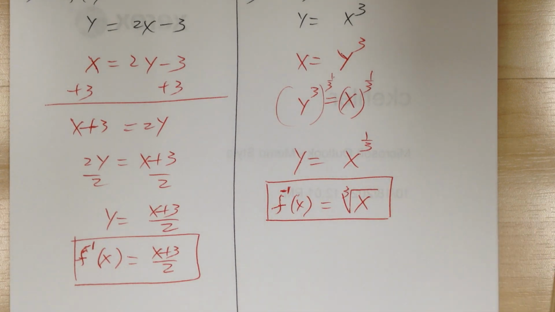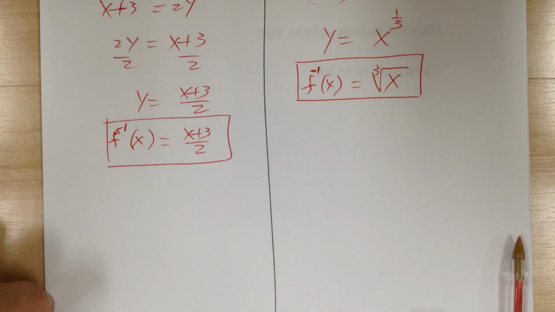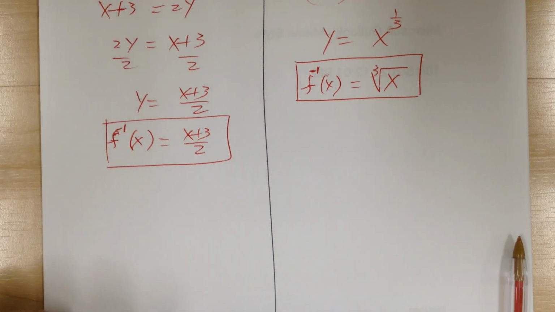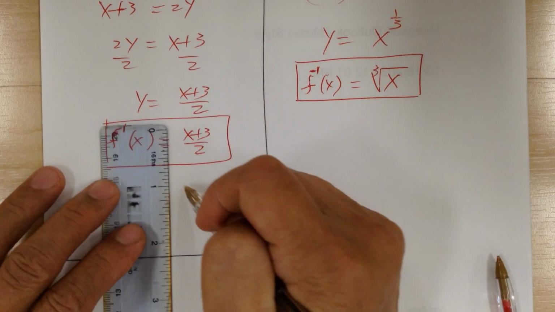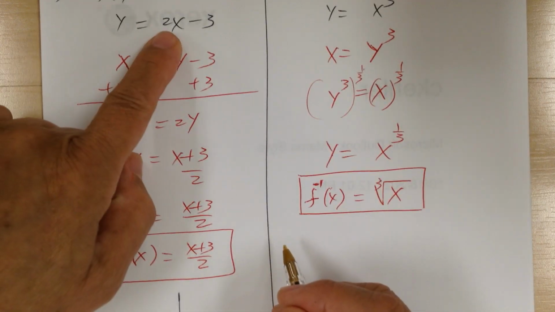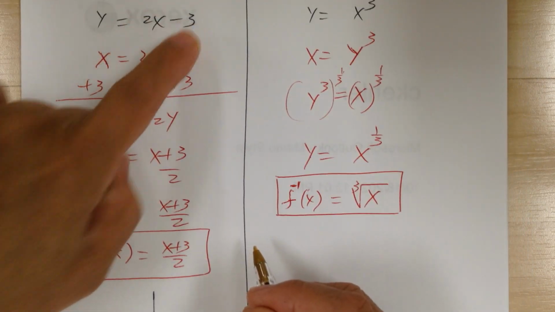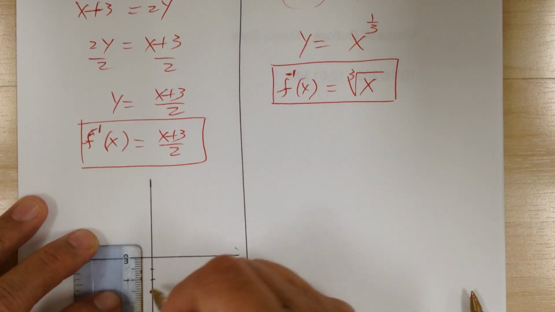Now, to do the graphing, you just have to make the table and do it. Like this one over here. If you were to graph this one, you have y equal to 2x minus 3. So in slope-intercept form, your intercept is negative 3, and the slope is 2.